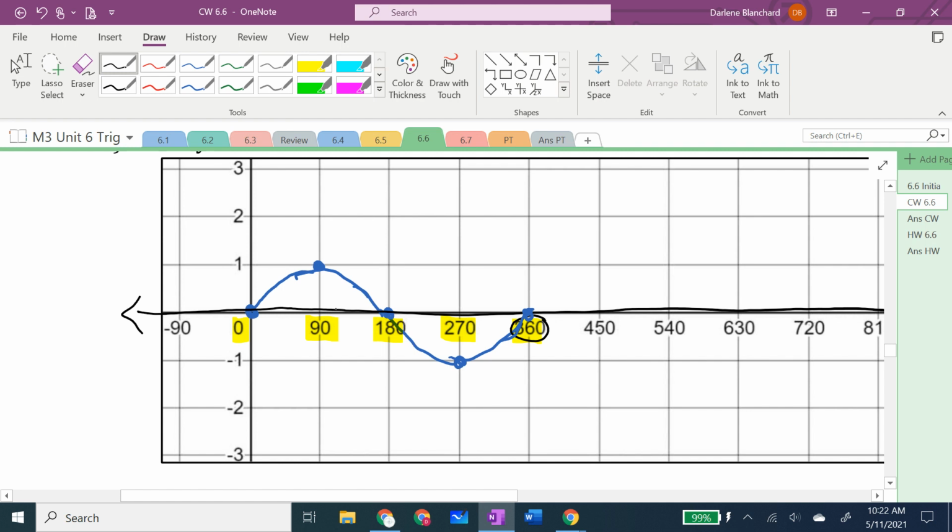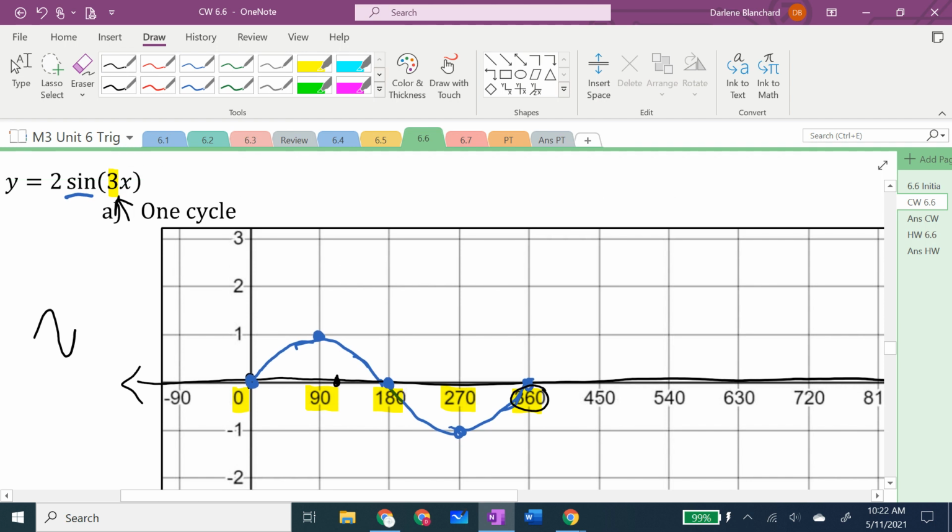And 120 is about here. This entire thing is being squished in. I am going to be able to go through all of this, one wave pattern, from here to here.